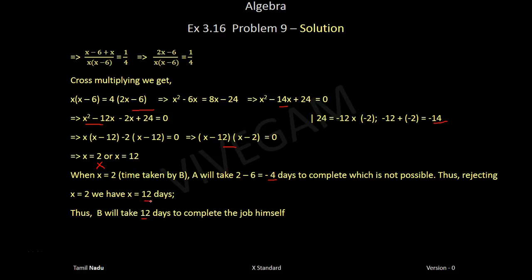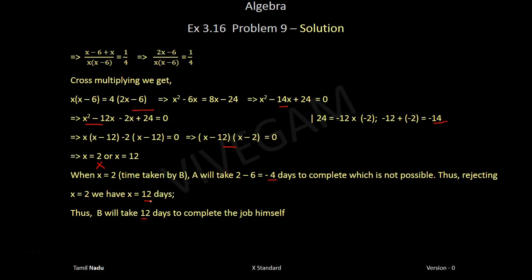So let me repeat, the whole problem revolves around the formula. Work done in a day is 1 divided by the number of days the person takes to do the job. So in the first instance, we say B takes x days. So in a day he will do 1 by x of the job.